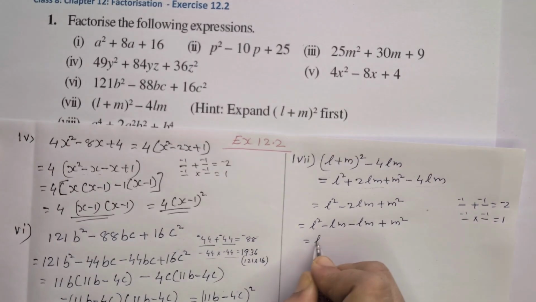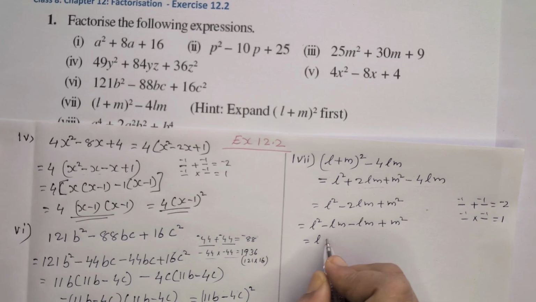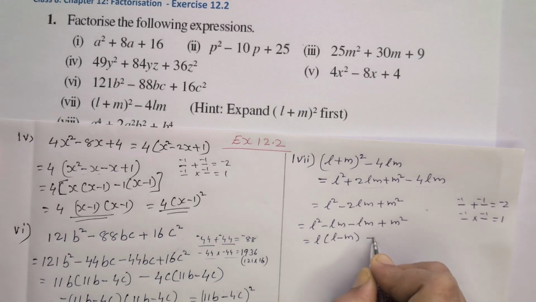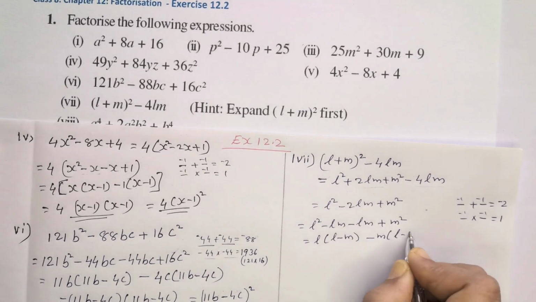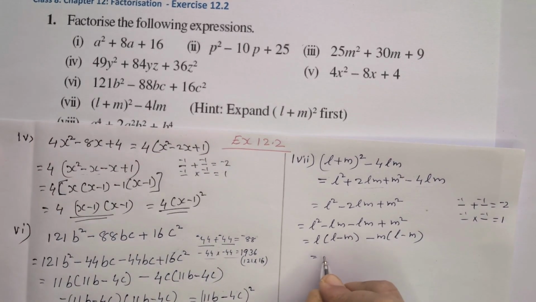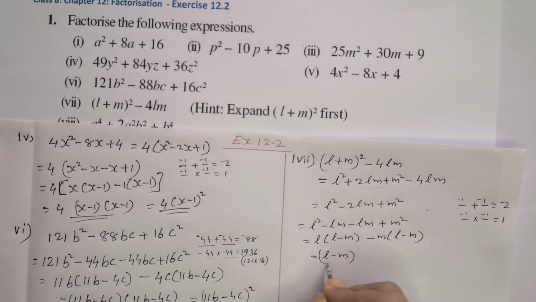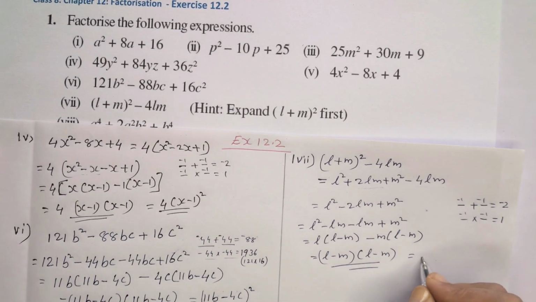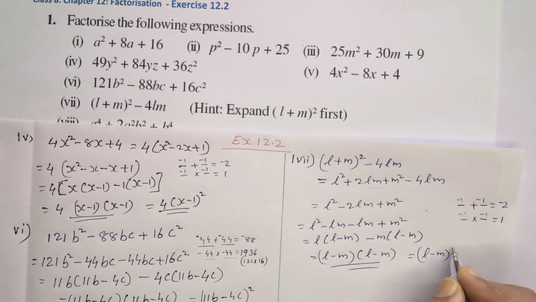We can take l as common from the first two terms: l minus m. From here we can take minus m as common, then l minus m, which is equal to, taking that bracket as common, l minus m into l minus m, which is l minus m the whole square.